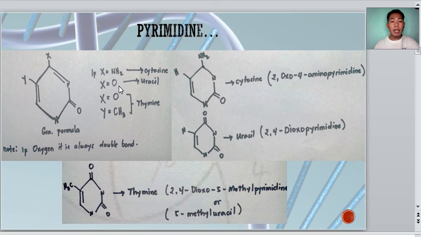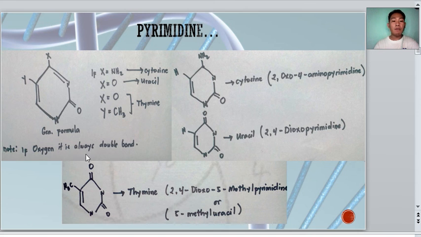And if X is oxygen, it will become uracil. And if X is O or oxygen and Y is methyl, or CH3, therefore the pyrimidine is said to be thymine.